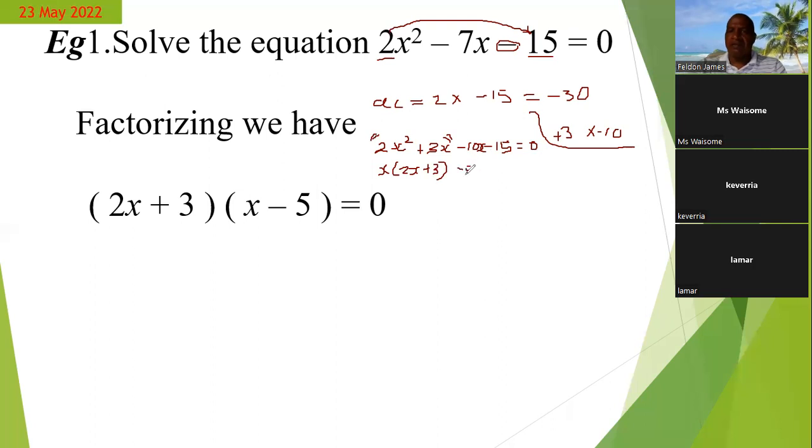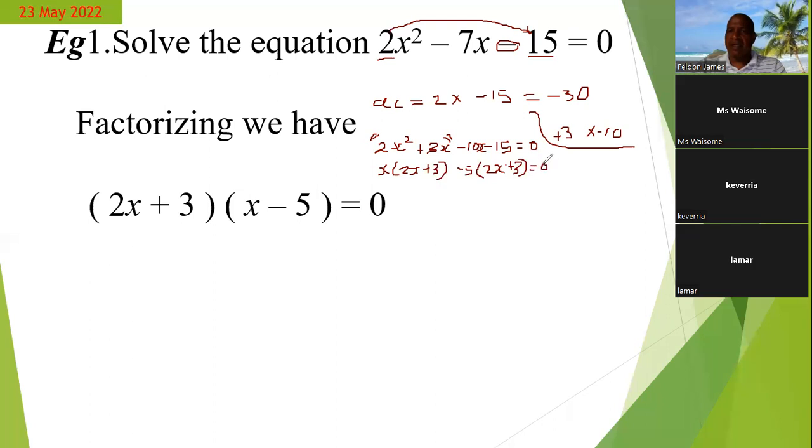So we pull out negative 5 as our common factor. Negative 5 into negative 10x will give you positive 2x, and negative 5 into negative 15 will give you positive 3. Right. And then keep equating this to 0.